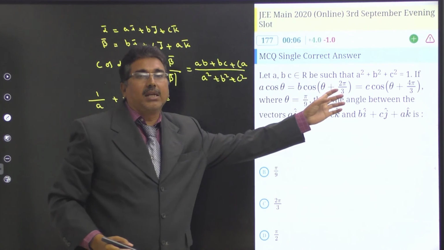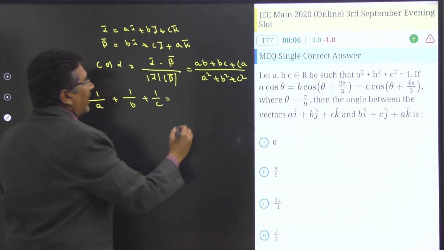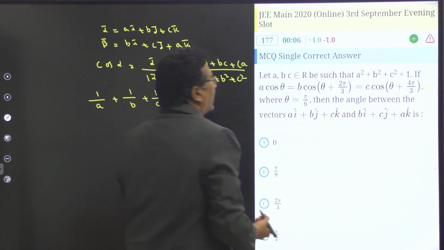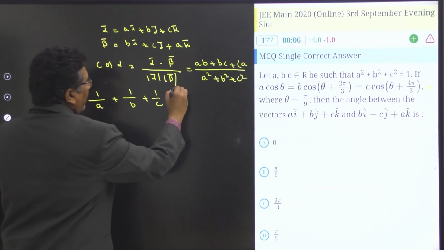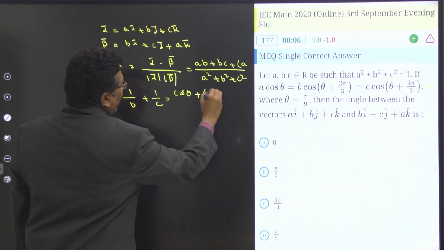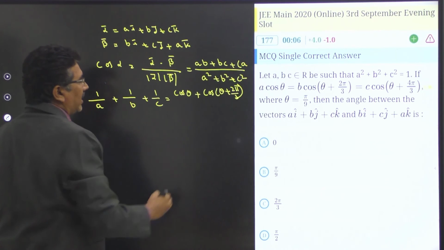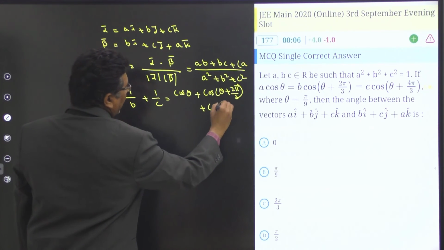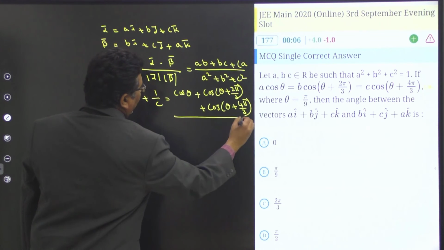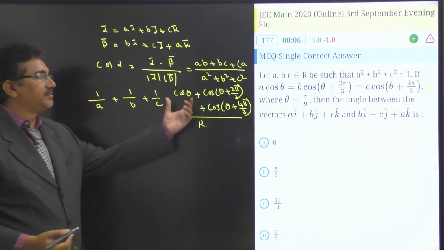Suppose this equation is equal to K, some value. a is equal to K by cos theta, so 1 by a is cos theta by K. 1 by b is cos of theta plus 2 pi by 3, and 1 by c is cos of theta plus 4 pi by 3, each divided by K.